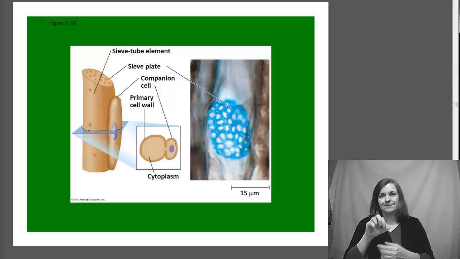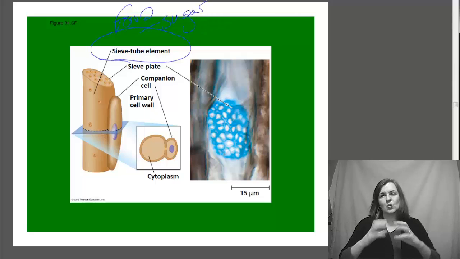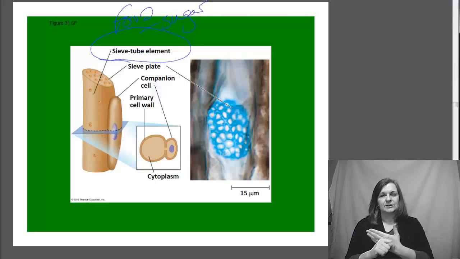But when we look at these sieve tubes, these are associated with food movement, so sugar. Which component of the vascular bundle did we say was primarily associated with food?